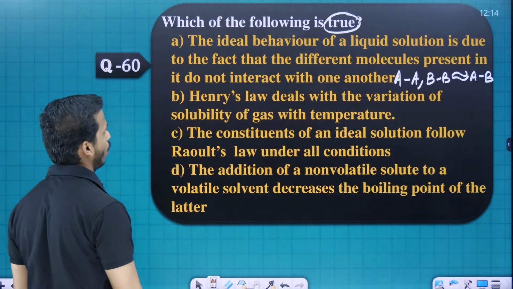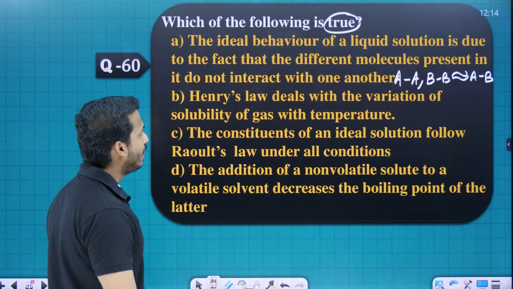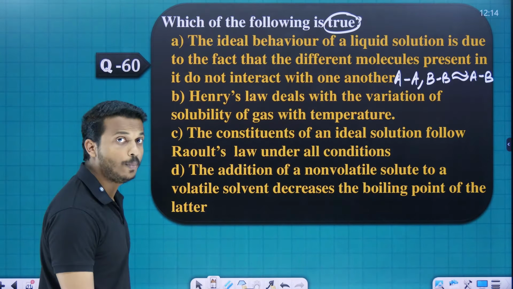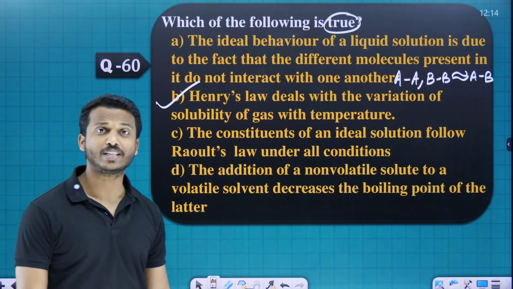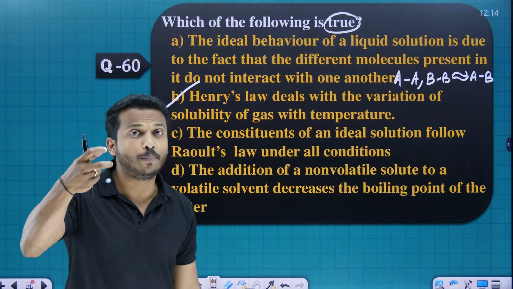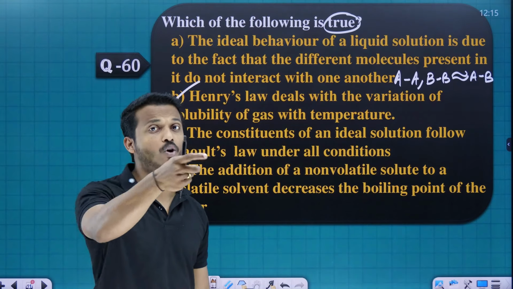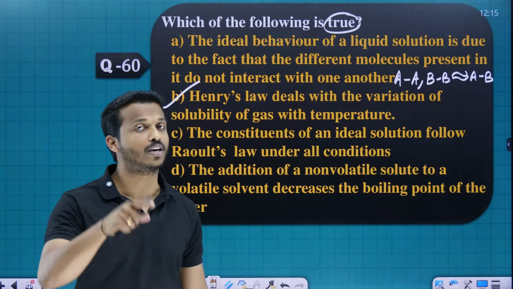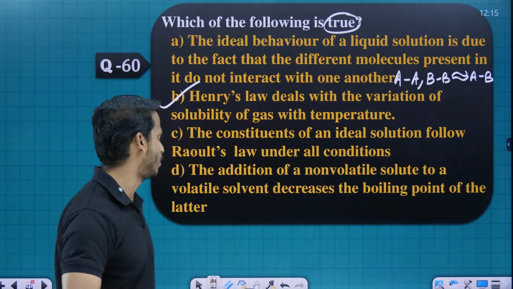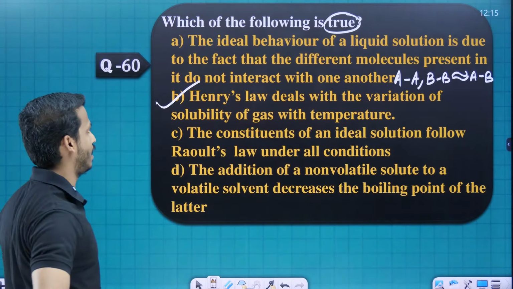There is an interaction, so it is wrong. Henry's law deals with the variation of solubility of gas with temperature. Yes. Henry's law deals with the solubility of a gas, which depends on temperature. We studied how solubility is related to Henry's constant, how temperature is related to Henry's constant and all. So B is the correct statement.